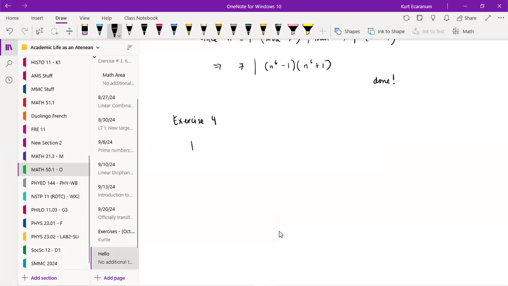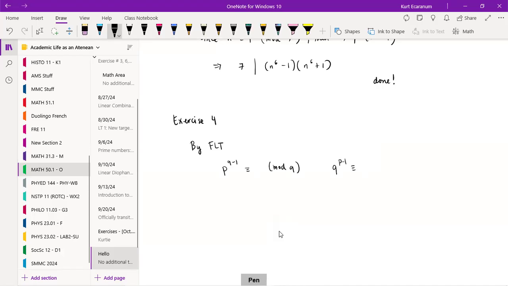So by FLP, pwede tayo magsimula on the fact na P to the Q minus 1 is congruent to P modulo Q. And then Q to the P minus 1 is congruent to, mali.